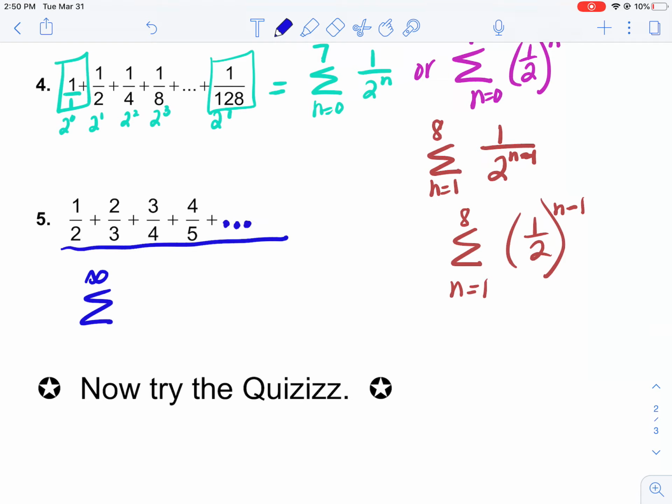It's not stopping at a specific number. Up on top, did you guys notice I have 1, 2, 3, 4. So what if I started with n here? And then this would have to be 1. 1, then plug in a 2, plug in a 3, plug in a 4, and the denominator just increases by 1. So there's an answer to question number 5.